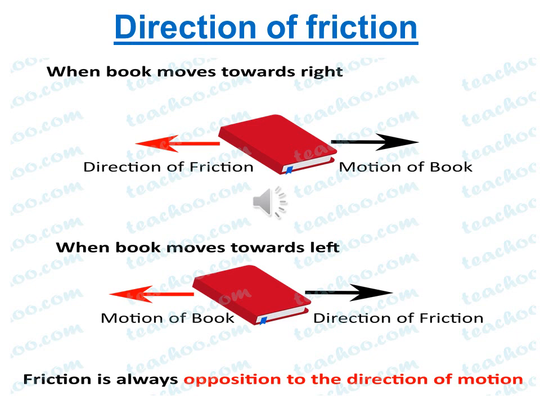So it is very important to understand the direction of the force. When the object moves from left to right, the frictional force will act from right to left. If the object moves from right to left, the frictional force will act from left to right. So friction always opposes the direction of motion of an object.